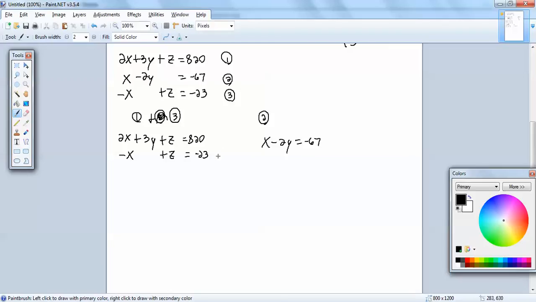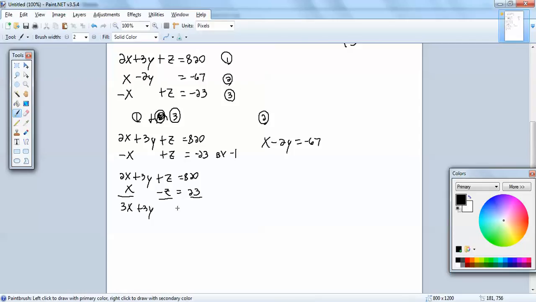Now I'm going to multiply one of these equations by negative 1. So I'll do the second equation. 2x plus 3y plus z is equal to 820. Negative 1 times negative x is x. Negative 1 times z is negative z. Negative 1 times negative 23 is 23. So that gives us 3x plus 3y.